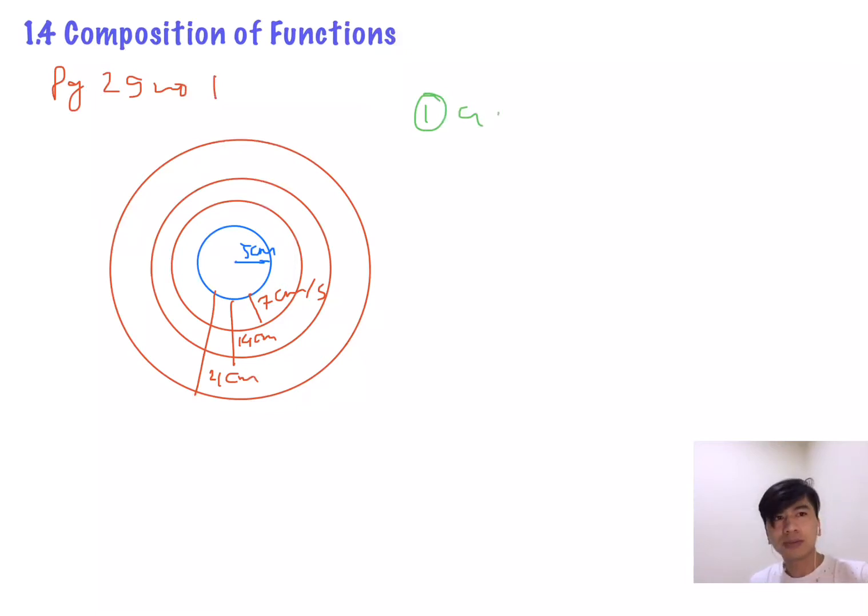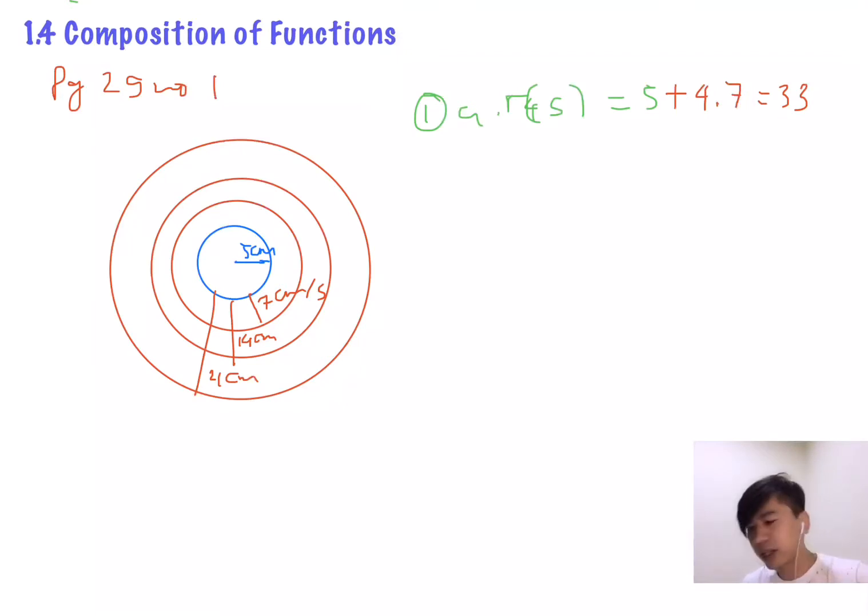The radius after 4 seconds will be 5, because this is the first one, 5, and then add it with 4 times 7, so that will be 28 added with 5, 33. Okay, the 7 seconds, I'll leave that for you.